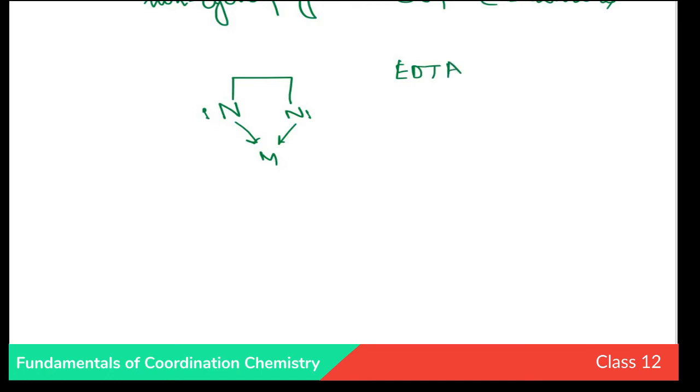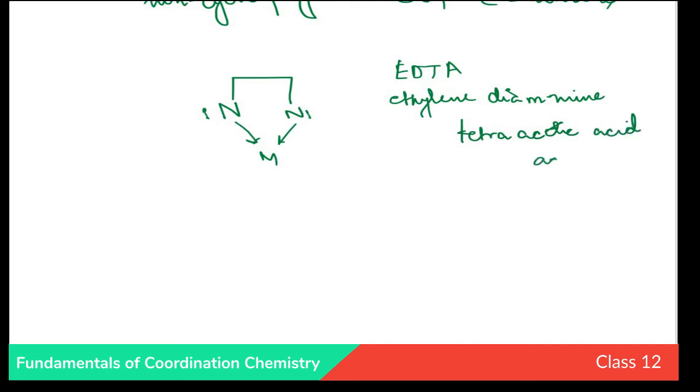EDTA. What's the full form? Ethylene diamine tetraacetic acid, or tetraacetate rather. Okay. Now, what's the structure? COO minus CH2N, CH2CH2N.